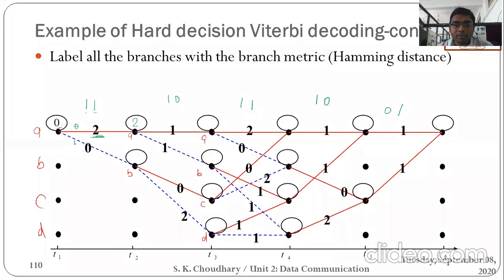When you receive the 1, your output would be 1 1, and comparing the output 1 1 with this 1 1, the Hamming distance is 0. So when you reach B at time instant T2, you have two active states, A and B. A has the metric value of 2 and B has the metric value of 0.